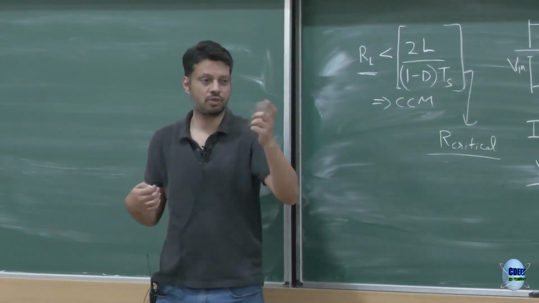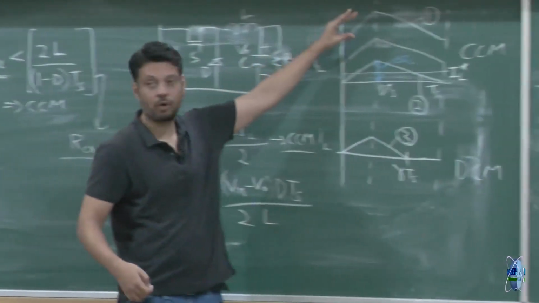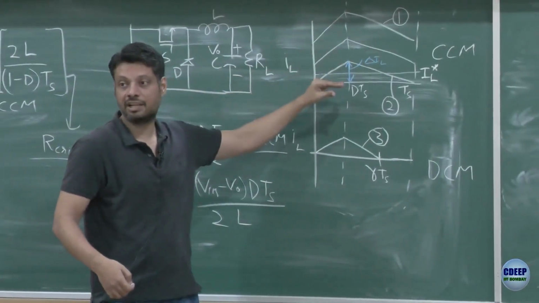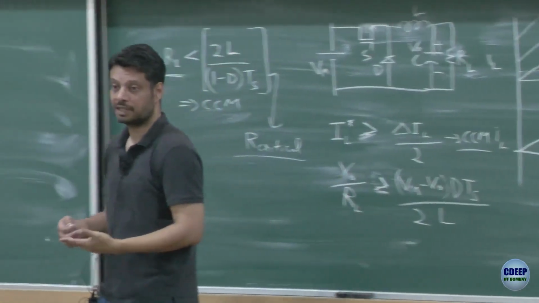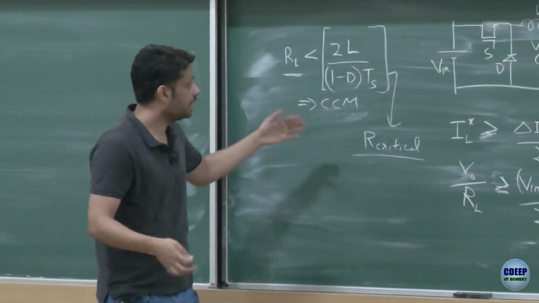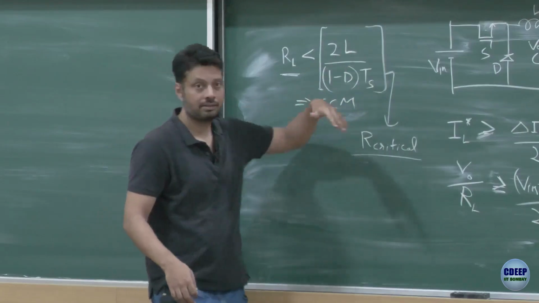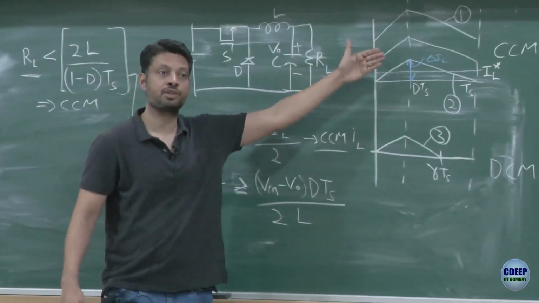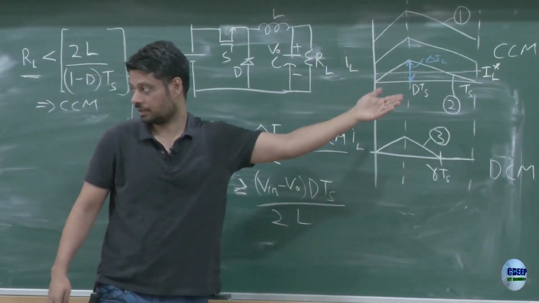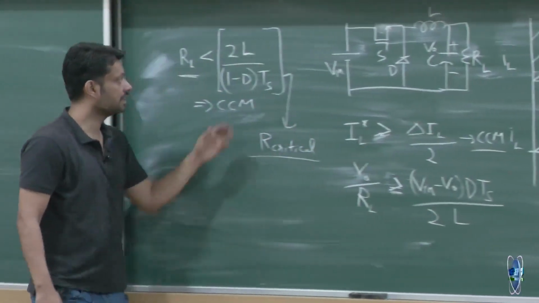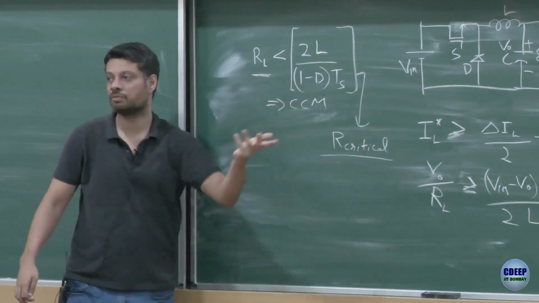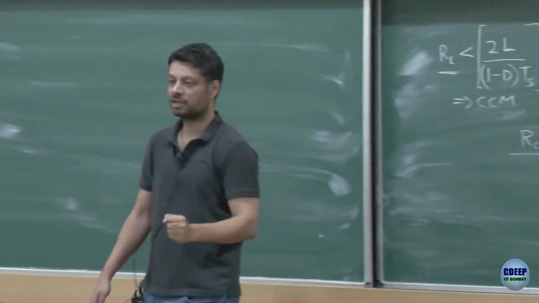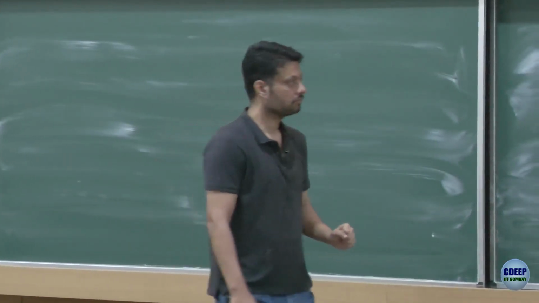Higher inductance means the ripple is small, so it can remain in continuous conduction mode even at a lighter condition, relatively speaking, right? Or if your switching frequency is higher, it can remain in continuous conduction mode for even lighter load, right? This is the relationship predominantly with L and Ts. We understand D you would fix based on the average voltage requirement, right?